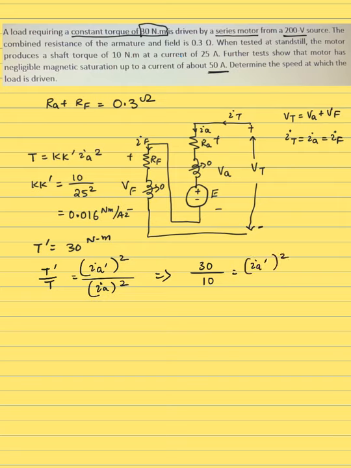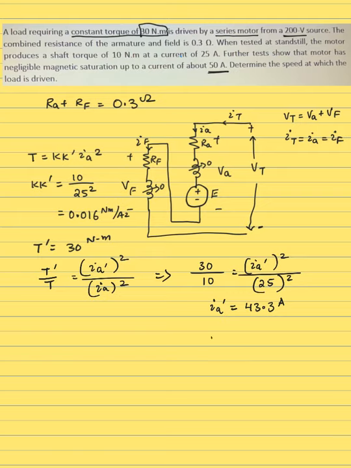So IA prime square divided by 25 square. One equation, one unknown again. So the value of the armature current with a different load of 30 Newton meters is 43.3 amperes. That's one thing. The other thing, we're still looking for the speed, which we'll see how to find.